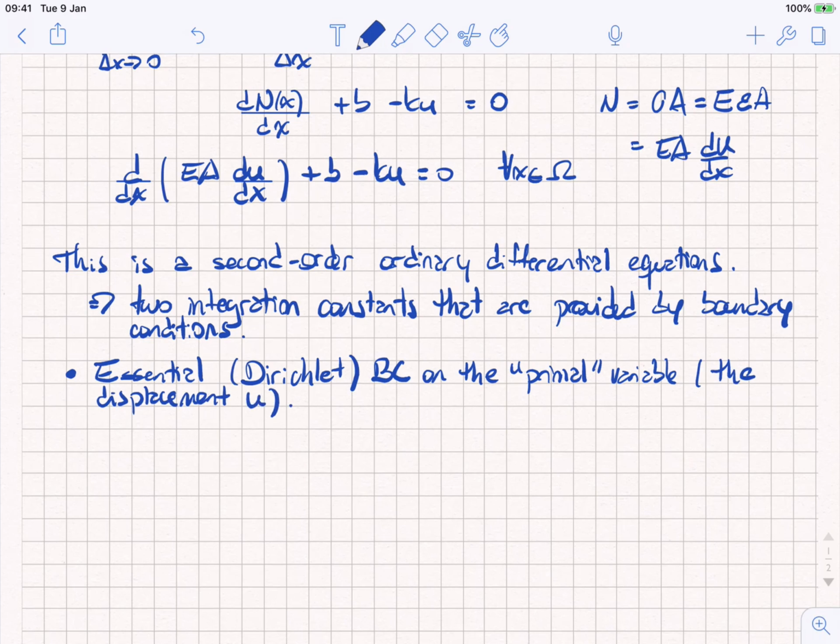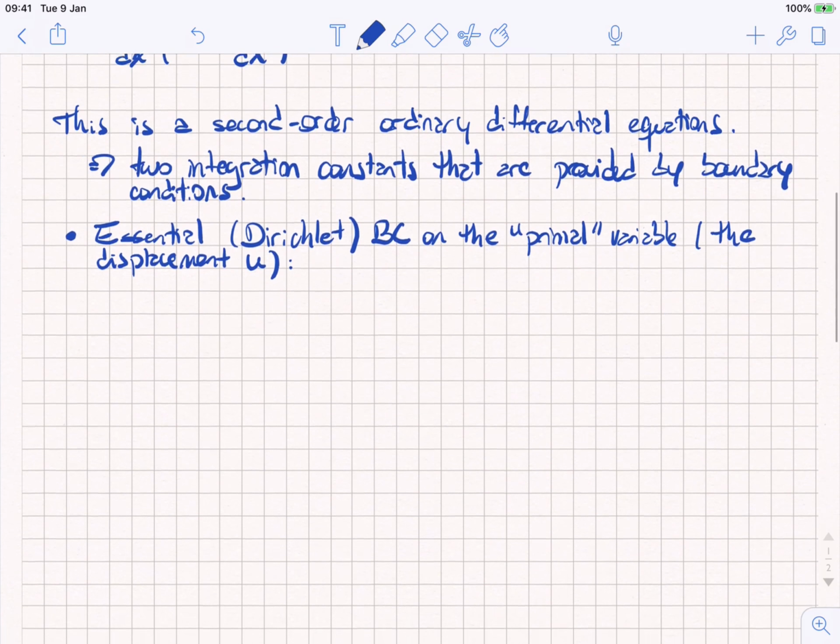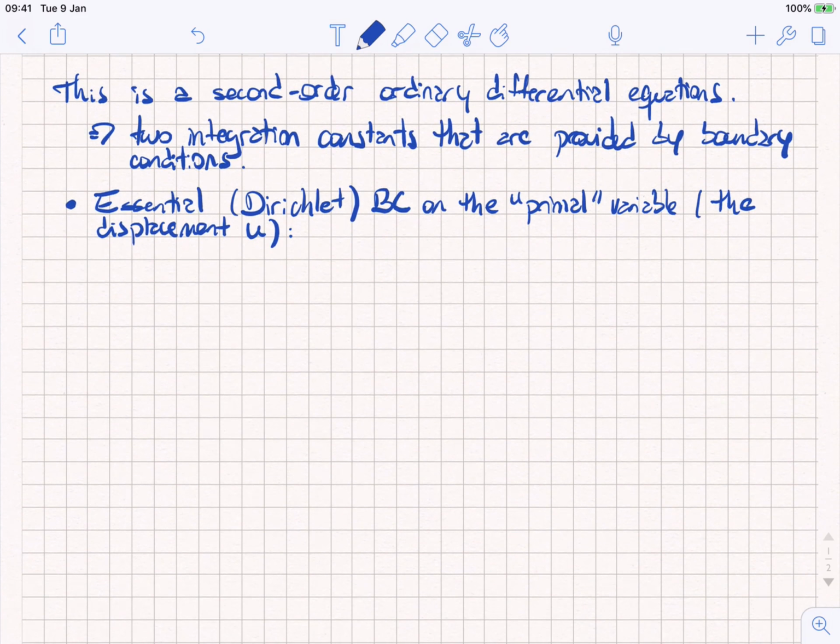And normally this type of boundary condition is expressed as: I want to prescribe u on gamma u, and I want this to be some prescribed value. So this u bar is just a function that I want to prescribe at that location.